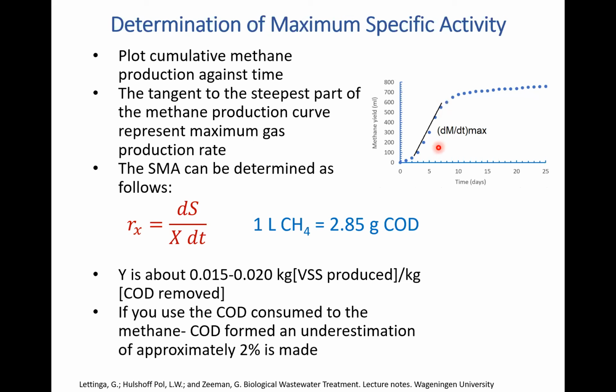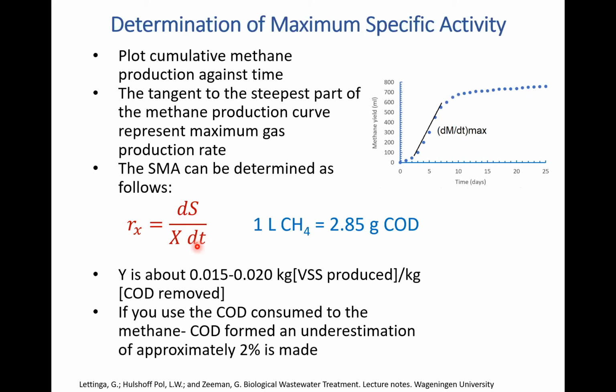In this case, again, we are concerned about the substrate. To convert to substrate, you need to convert the methane to COD, using this kind of conversion, and we have explained before how to convert methane to COD equivalent. Again, this gives you the methane produced without including the yield of microorganisms.